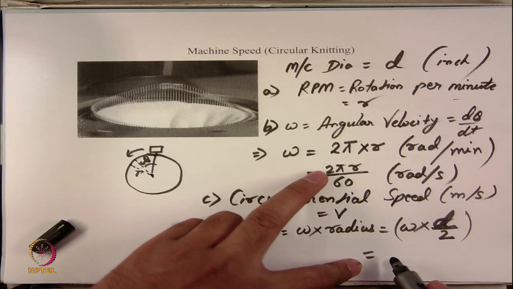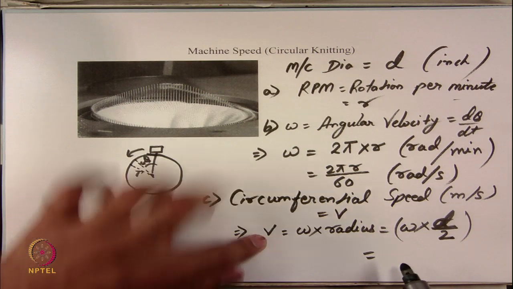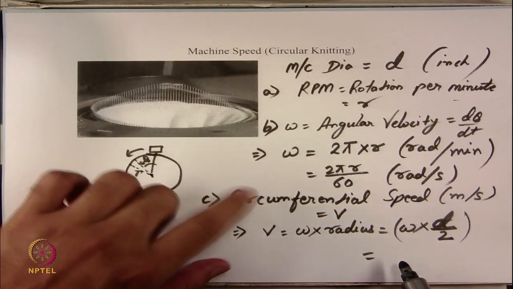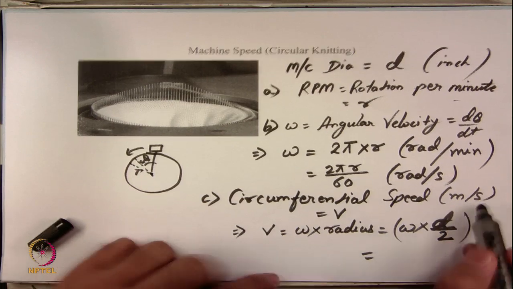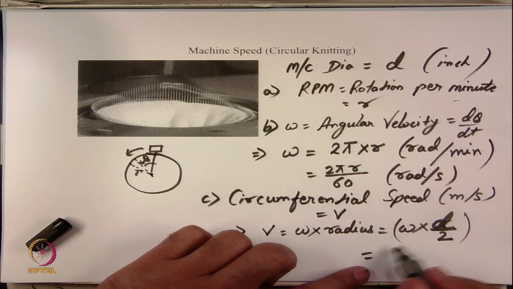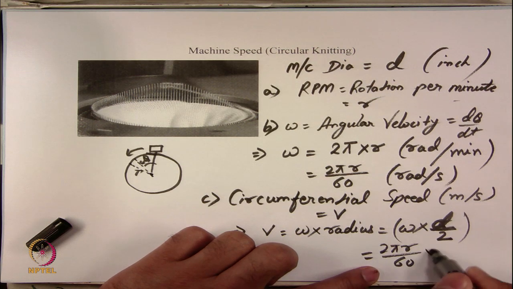And if you want to connect velocity and RPM, the circumferential velocity in meter per second, you can simply substitute omega here, which is 2 pi R by 60, into d by 2.